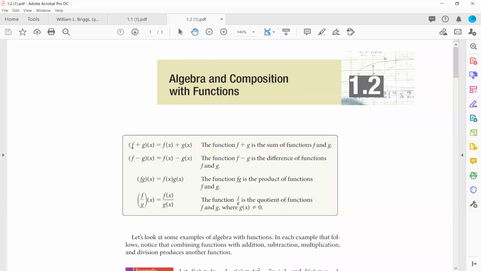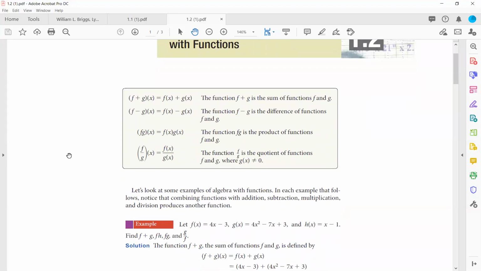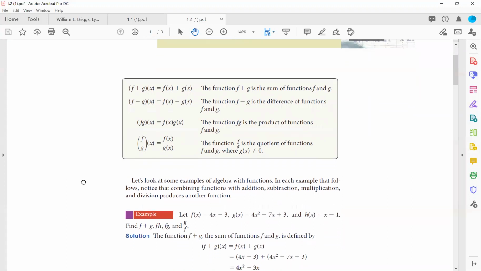So for now, we have four operations between functions. Let us go over an example to see what's going on here.